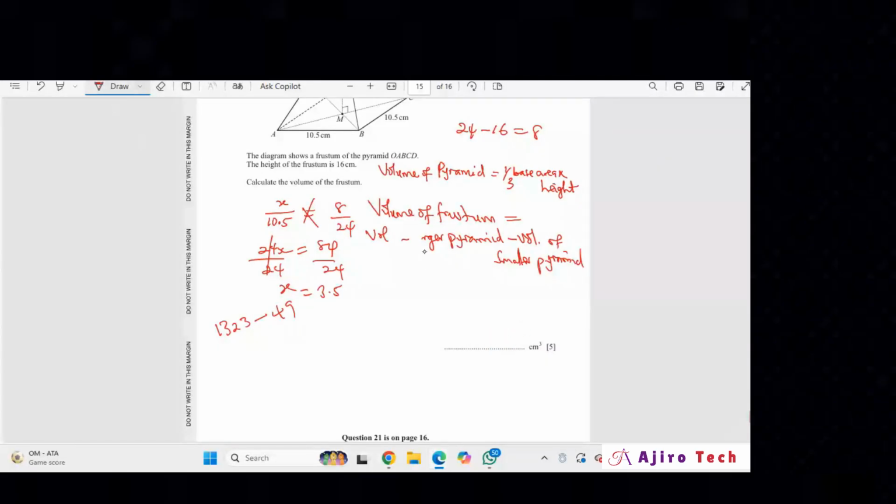So this is what I was saying here. That is the volume of the larger one, right? Which is supposed to be 1 over 3 times 10.5 squared times the height of the first one, which is 24, minus 1 over 3 times... No, this is 3.5.